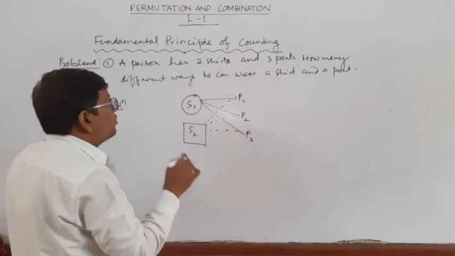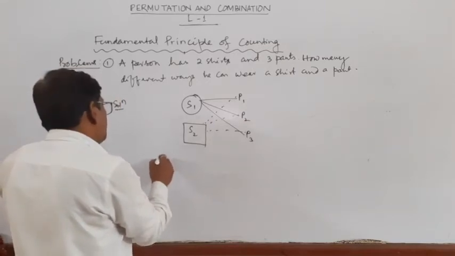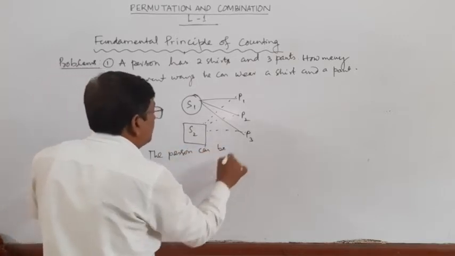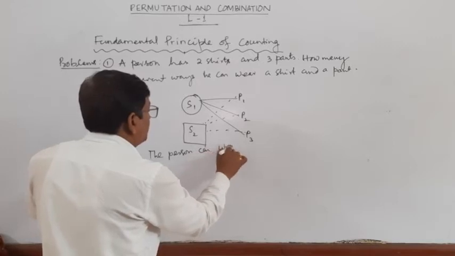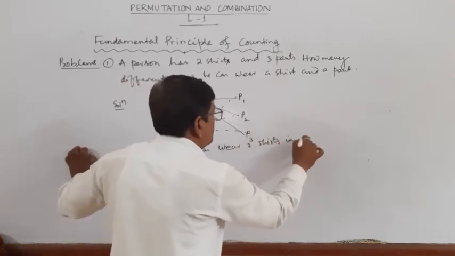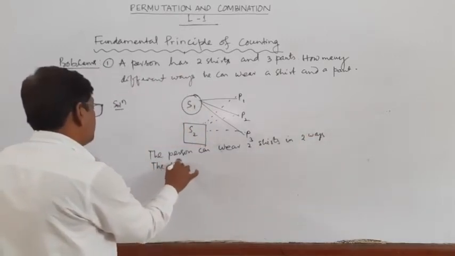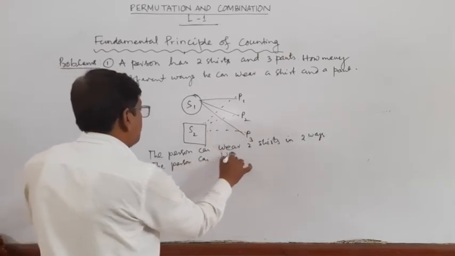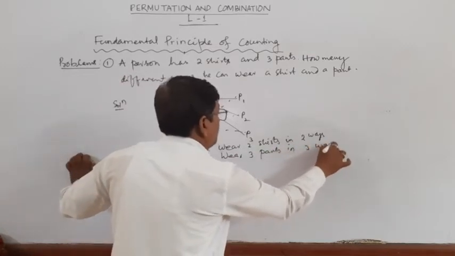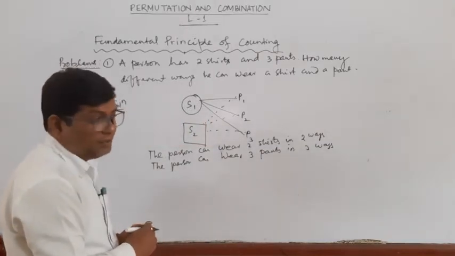The person can wear 2 shirts in 2 ways. The person can wear 3 pants in 3 ways, because one shirt and one pant is compulsory.